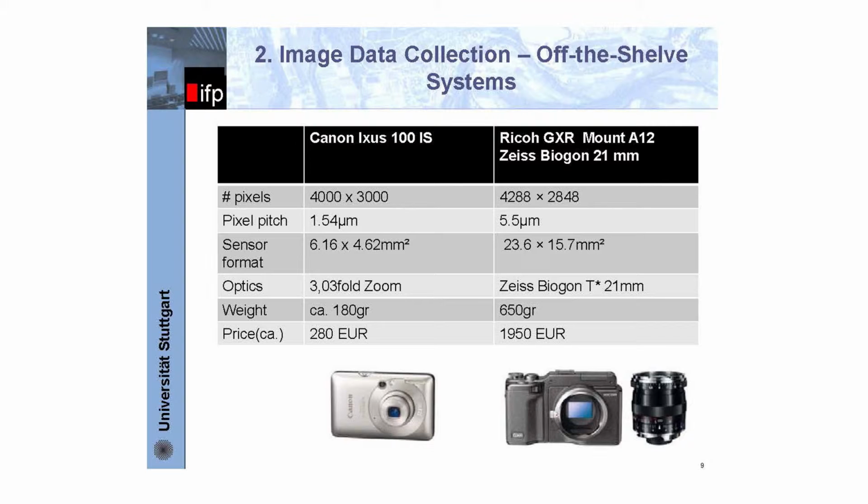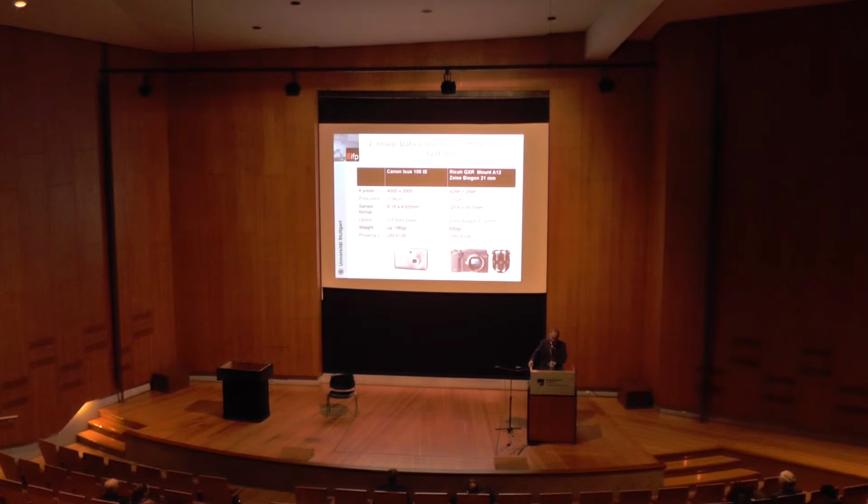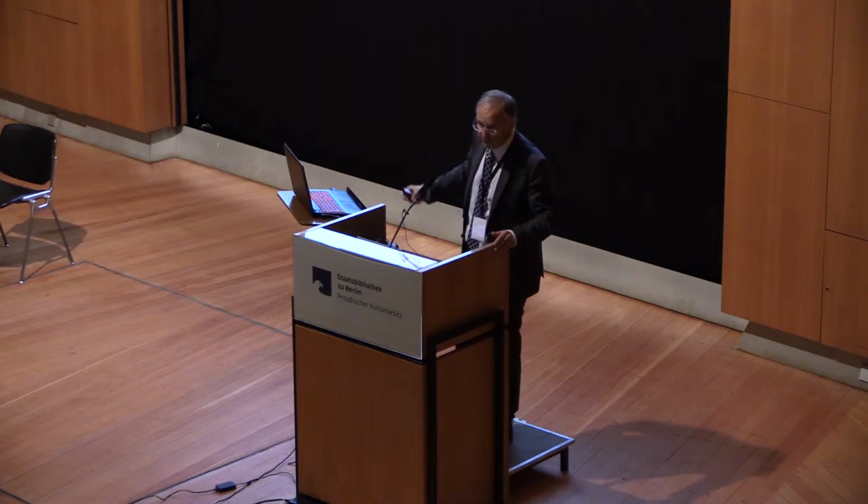That is the size of every pixel. If you would like to have a good image quality, you should look for a pixel pitch of at least 4 micrometers. All those small camera systems which you see here have a pixel pitch of around 1.5, 1.8 micrometers, and also the smartphone cameras are around 1.2, 1.5 micrometers.